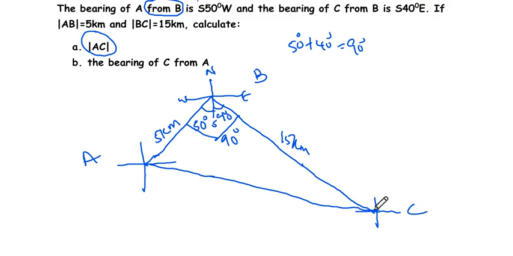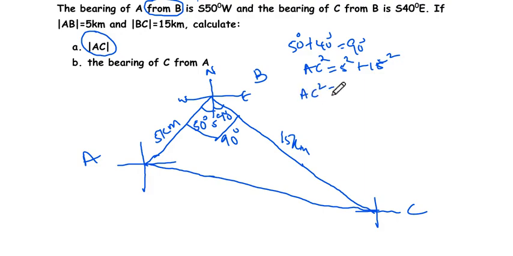So to calculate AC, let's use Pythagoras theorem. Since it's a right angle triangle, Pythagoras theorem method for getting sides of a triangle is only applicable to right angle triangles. So AC squared is equal to 5 squared plus 15 squared.